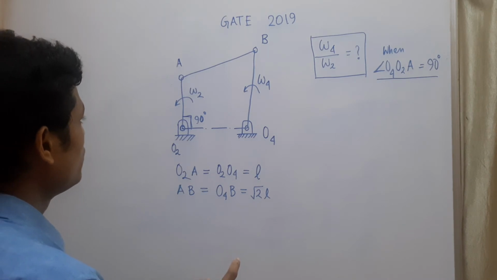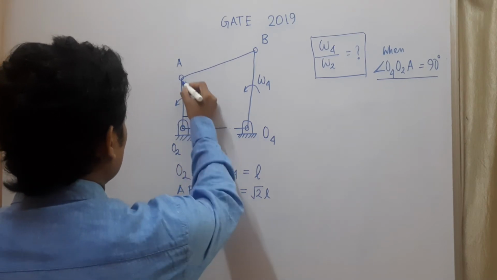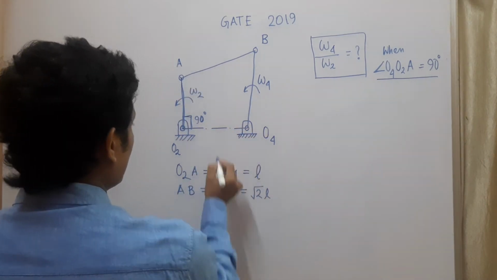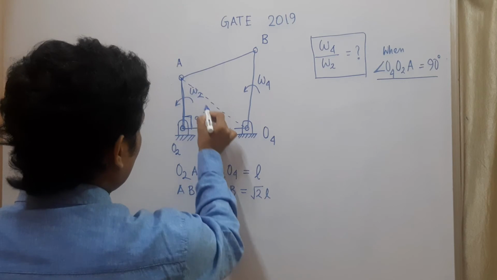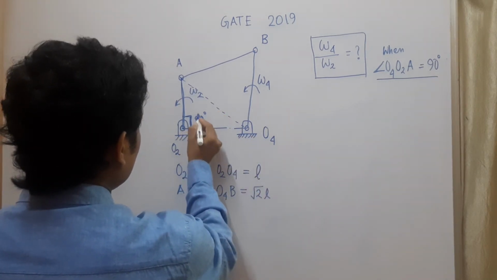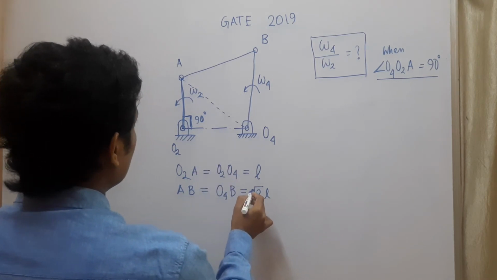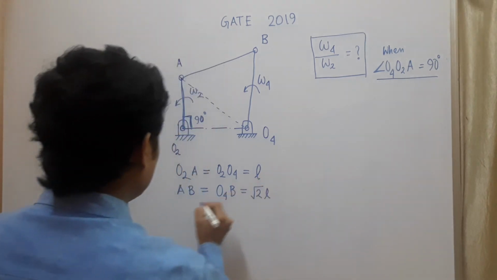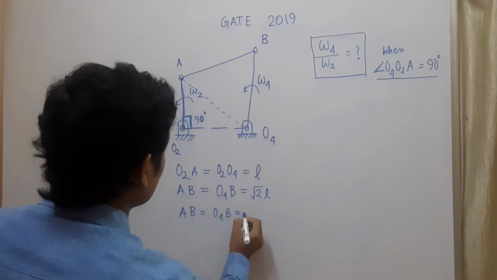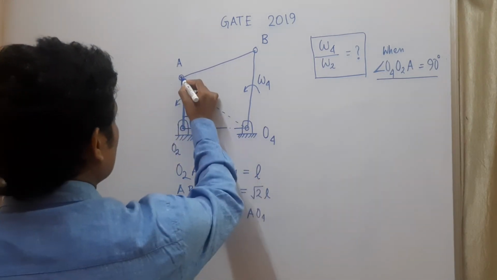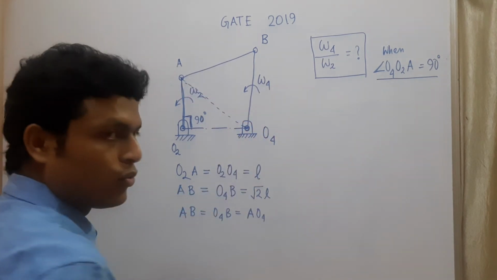Before that, we are going to apply some trigonometry here. As O2A and O2O4 are the same length, what will be AO4? If this is 90 degree, then this will be root over L square plus L square, that is root 2 L. So from geometry we can write AB is equal to O4B is equal to AO4. So ABO4 is an equilateral triangle.